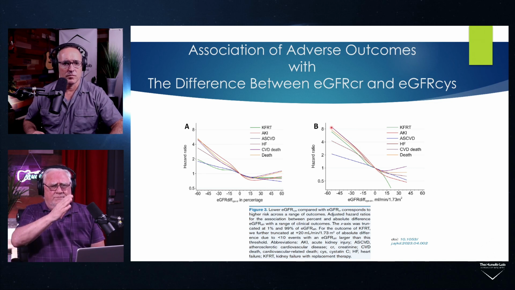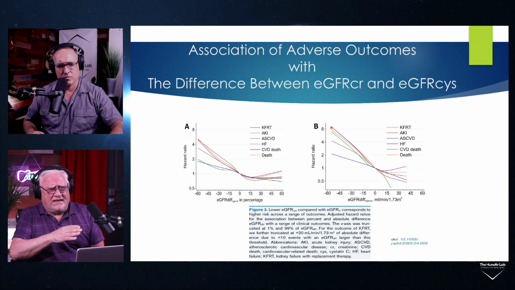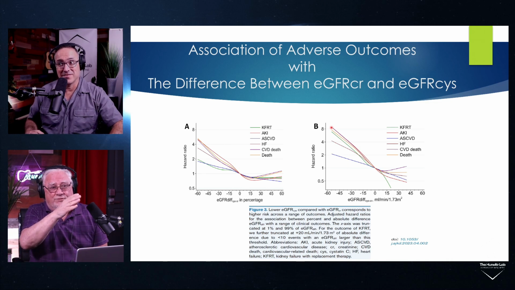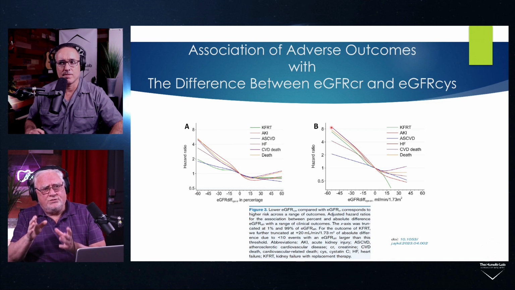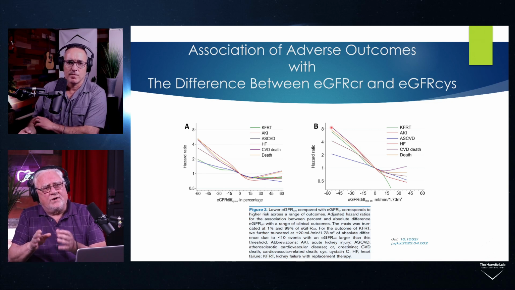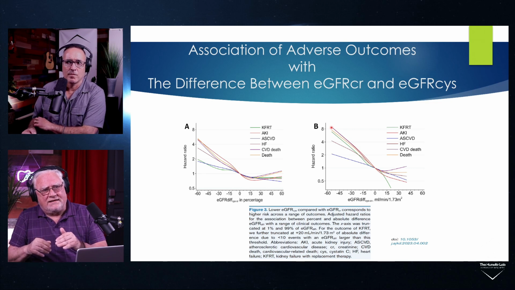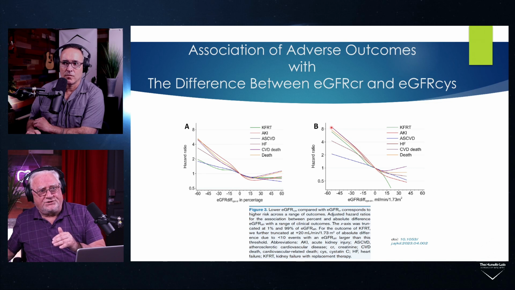But basically, what you see is when you have a big discrepancy and a high GFR, you are seeing adverse outcomes associated most likely with having a low creatinine from reasons other than a high GFR.